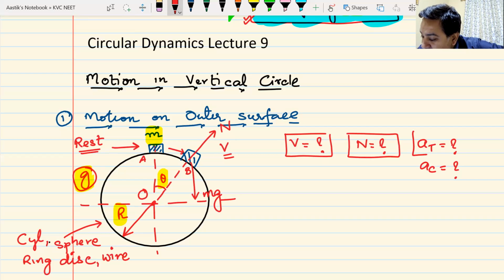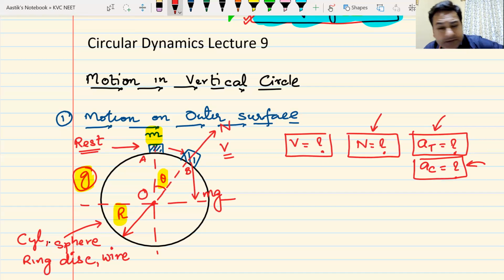All these three questions, normal reaction, tangential acceleration, and centripetal acceleration, are not very likely to come. The most likely question, if this type of question comes ever, is this first one, where you tell us the velocity v of this block at this point.